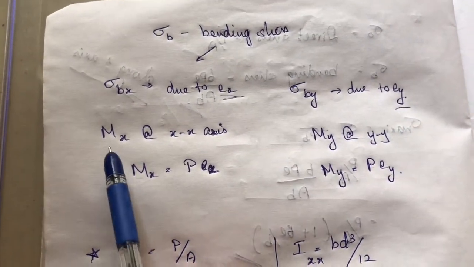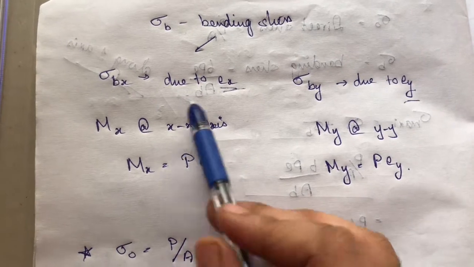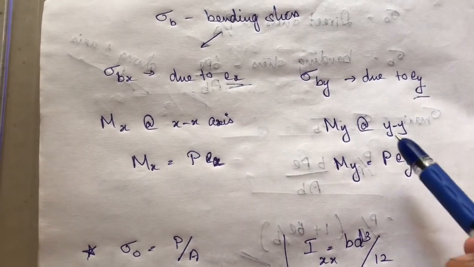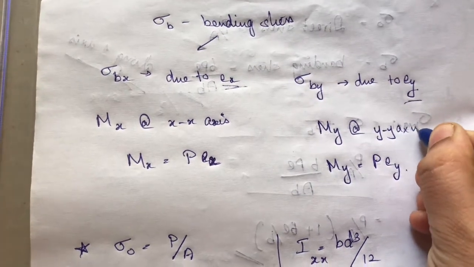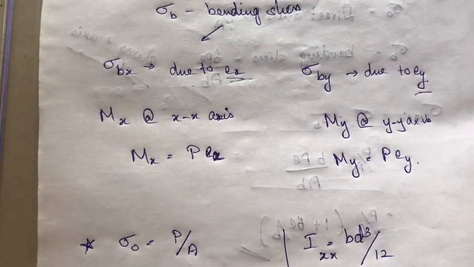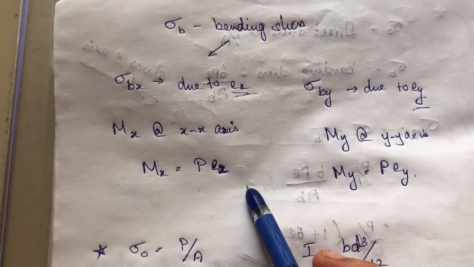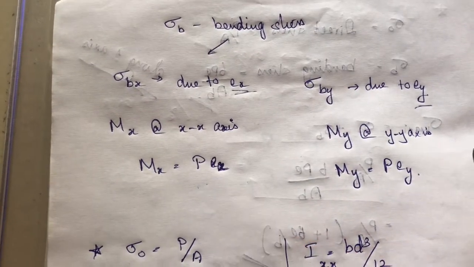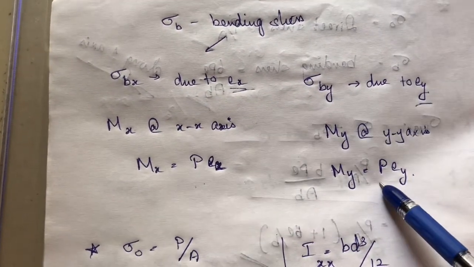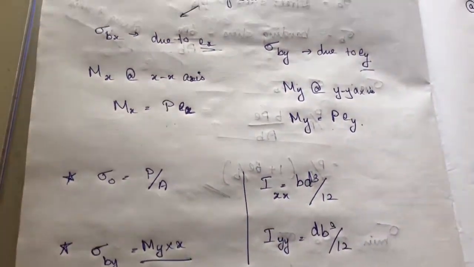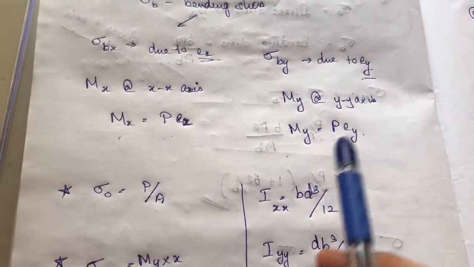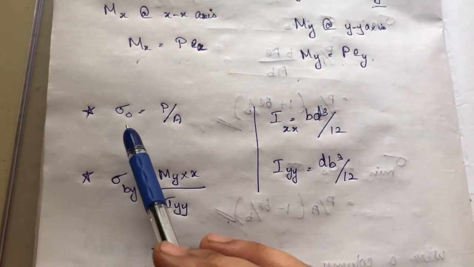Okay, and then moment MX is along the XX axis, MY means along the YY axis. So MX will be equal to P into EX. So P, distance into EX. MY means P into EY, load into distance, load into distance. It is clear. So we have got MX, MY here.